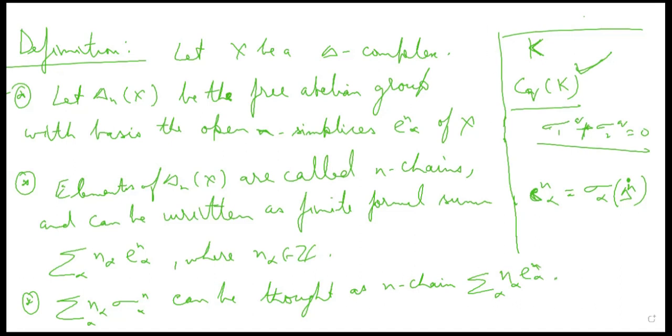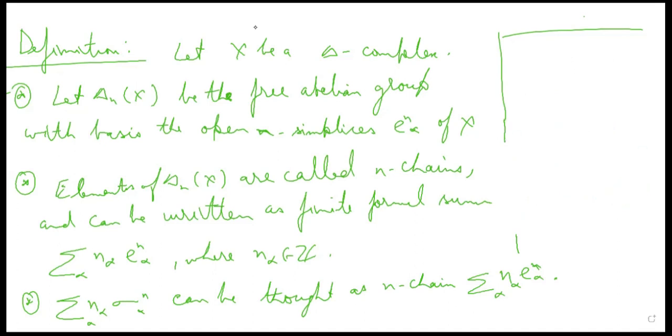So why are we able to say something like this? You just see that for every sigma alpha n, there is an open n simplex, right? And for every open n simplex, there is a one to one correspondence.